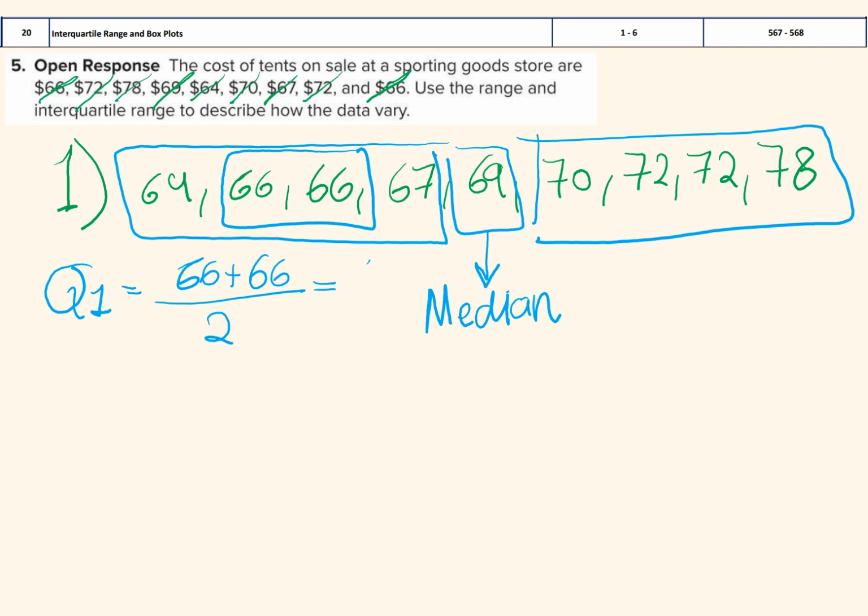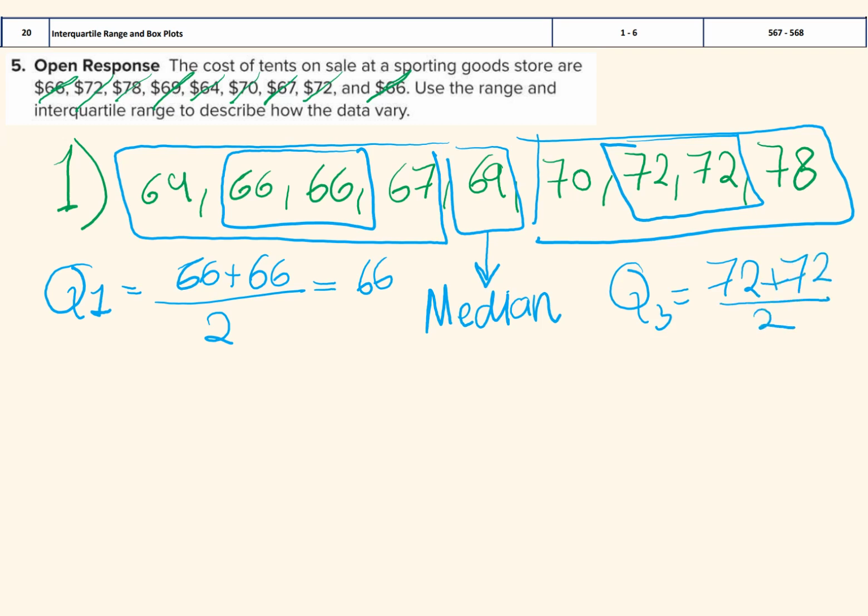For sure, the answer is going to be 66. So this is the value of Q1. And for Q3, we are going to do the same. We will look for the value in the middle, but since we have two values, I'll be adding them and then I'll divide by 2. So the value obviously is going to be 72.